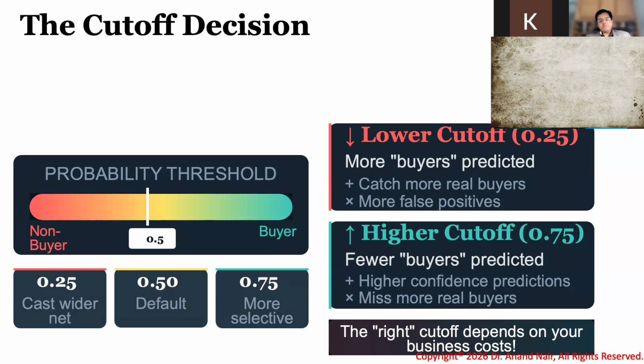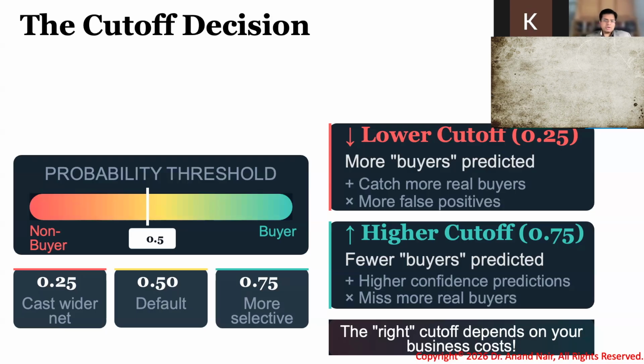Or maybe we only want to target highly confident predictions, right? We only want to consider those buyers who really are buyers. We don't have enough money to spend on these potential targets. So in that case, we would want to increase that probability threshold from 0.5 to something like 0.75. We're becoming more selective in deciding who our buyers are.